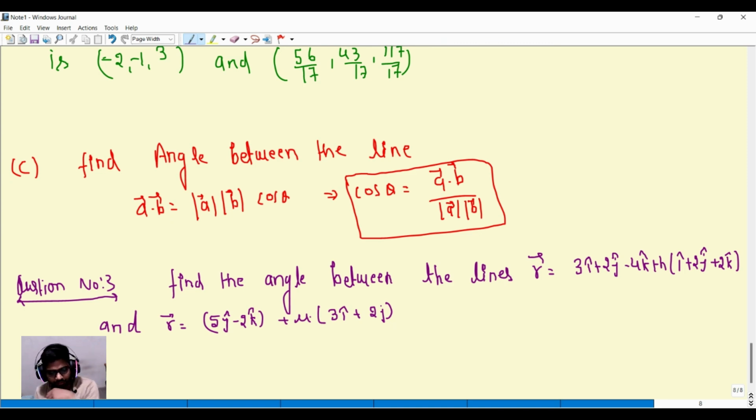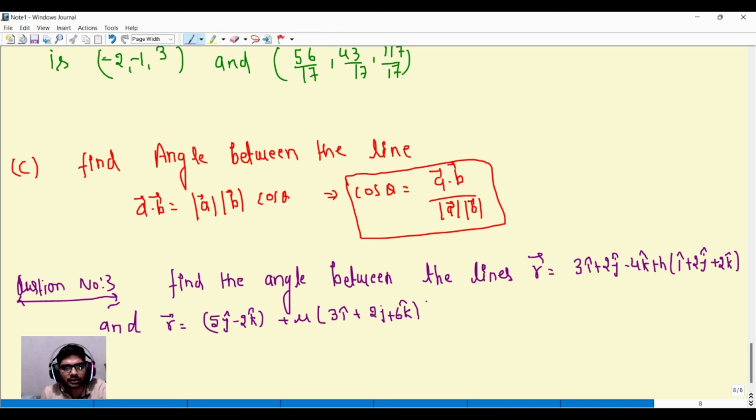Okay, so this is the question which we are going to discuss to find out the angle between the lines.